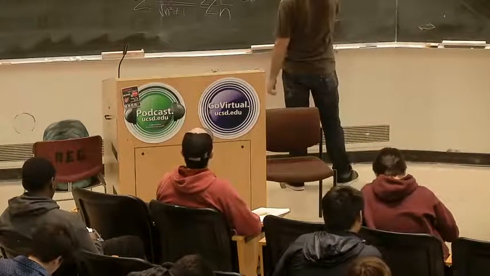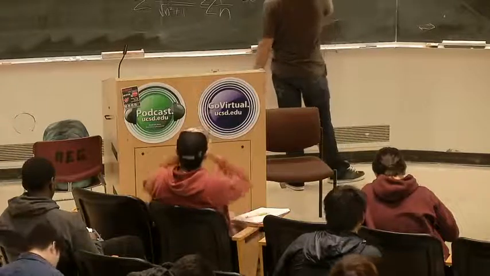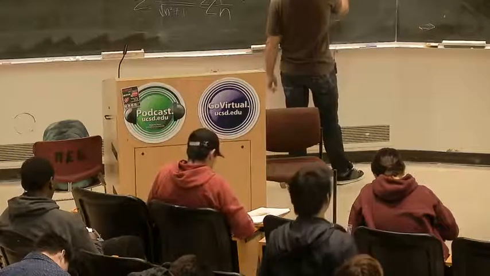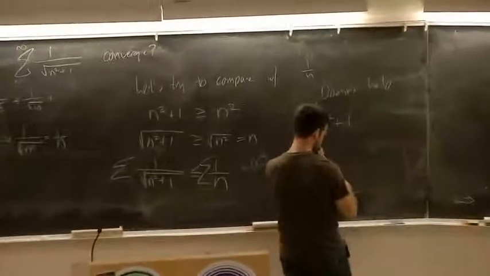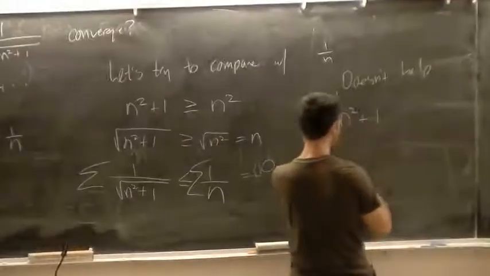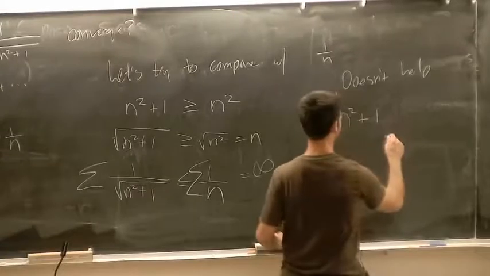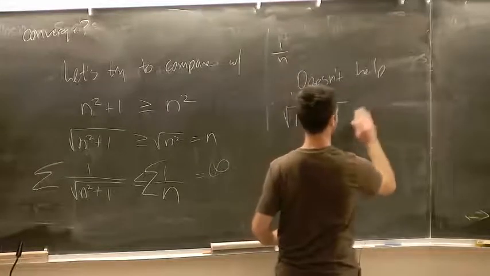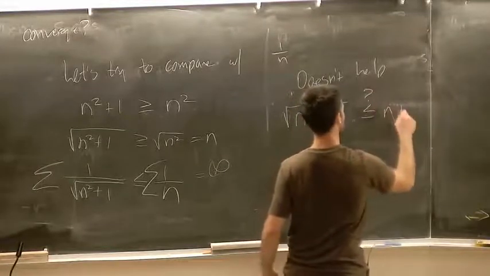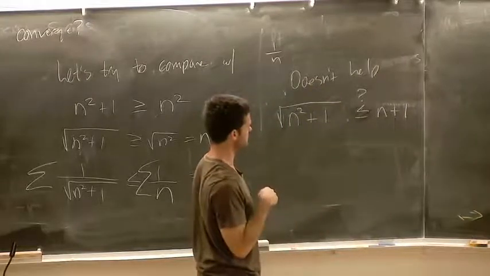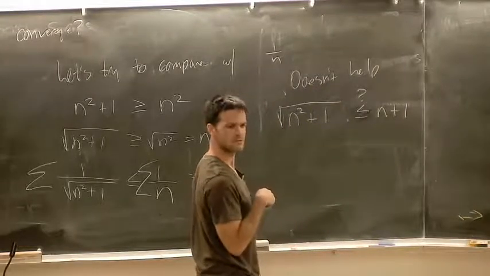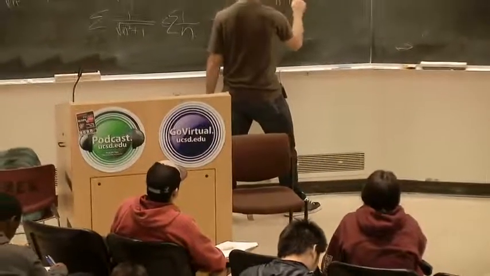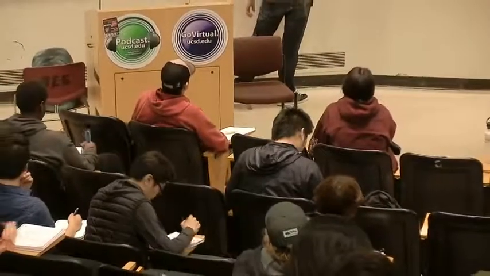What about, I want to compare it to the square root of n squared plus 1 being less than or equal to n plus 1. Is that true? If I square both sides, I get n squared plus 1 is less than or equal to n squared plus 2n plus 1.